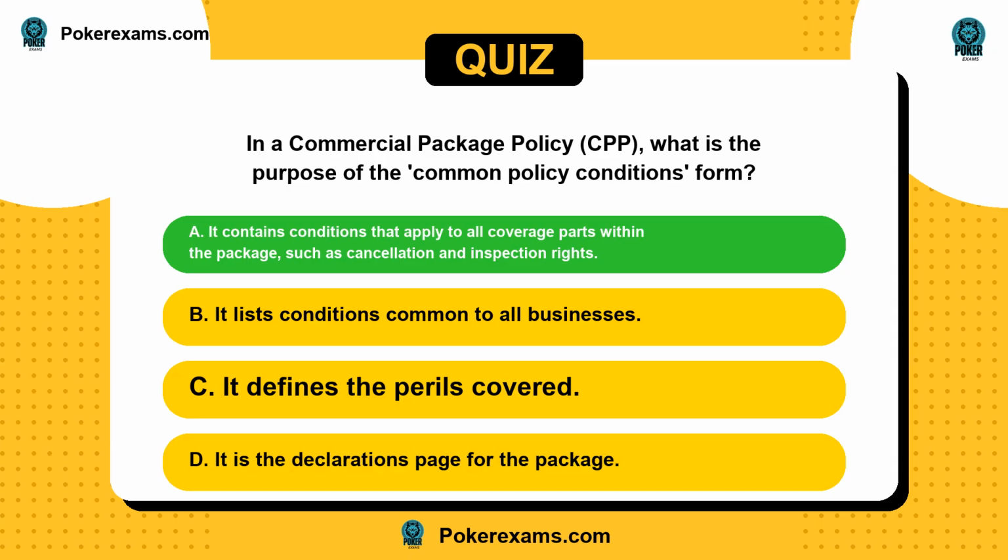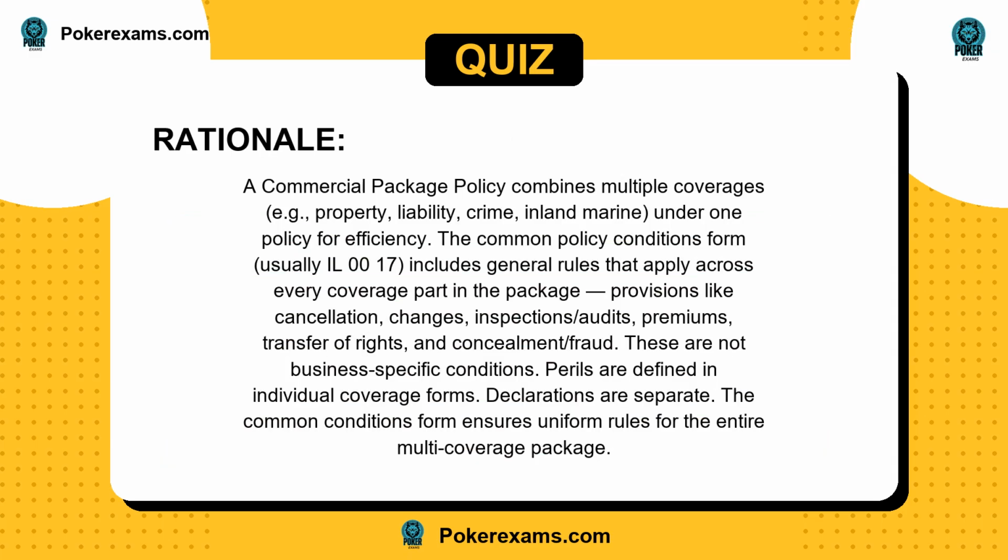The answer is A. A commercial package policy combines multiple coverages, e.g., property, liability, crime, inland marine, under one policy for efficiency. The Common Policy Conditions form, usually IL 00 17, includes general rules that apply across every coverage part in the package, provisions like cancellation, changes, inspections/audits, premiums, transfer of rights, and concealment/fraud.